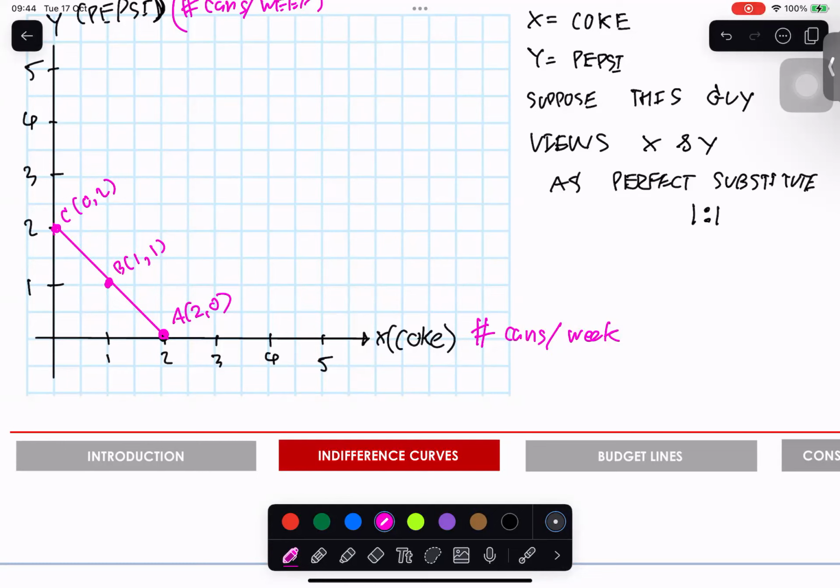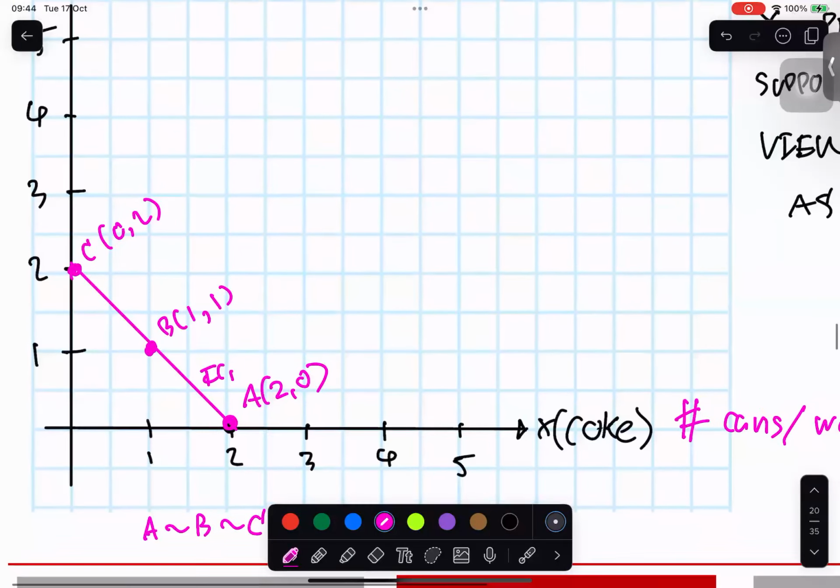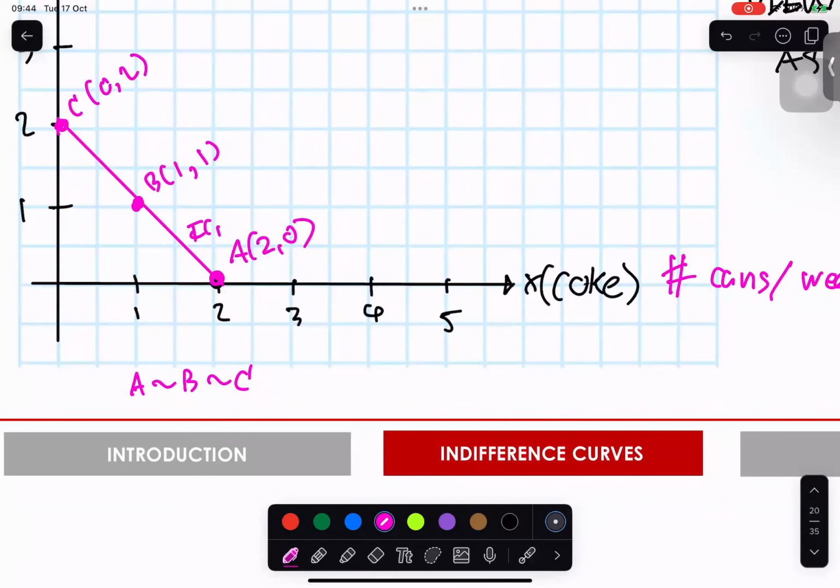Let's call this IC1. You can argue that on IC1, the 3 baskets here are indifferent. We use this notation, which means that happiness from basket A, basket B, and basket C are all the same level.